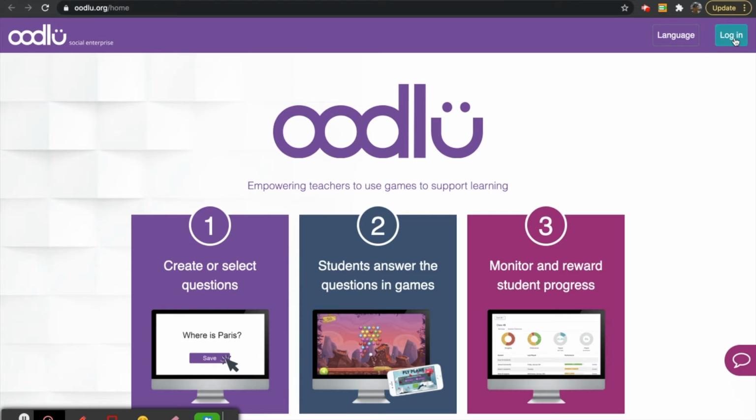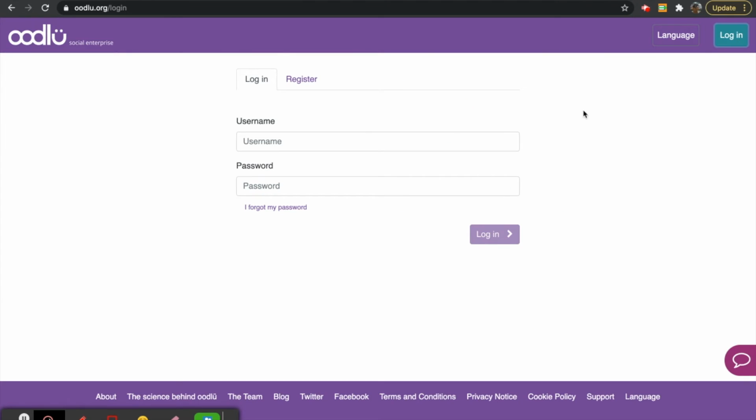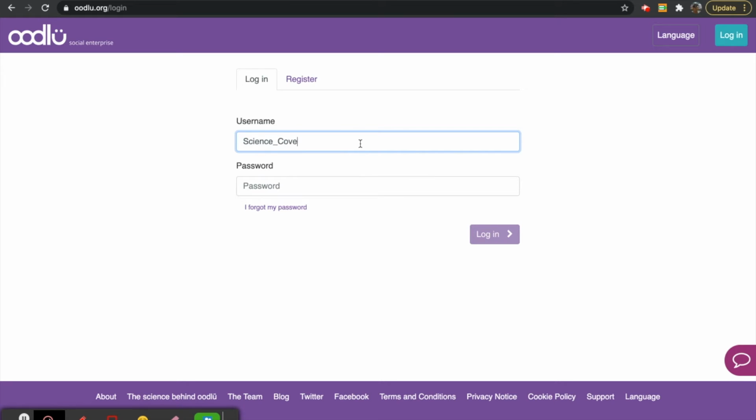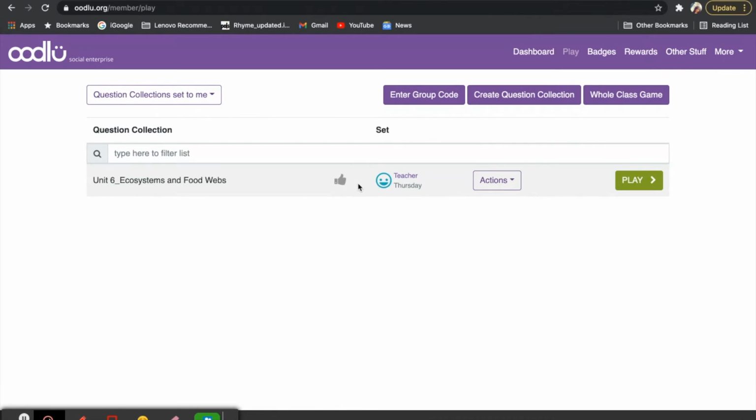At the top right corner, you will see a blue login button. Click on that. Science_Covelens, and your password is science with a capital S, the number 4, and then me. Once you are here, you will see Unit 6 Ecosystems and Food Webs.